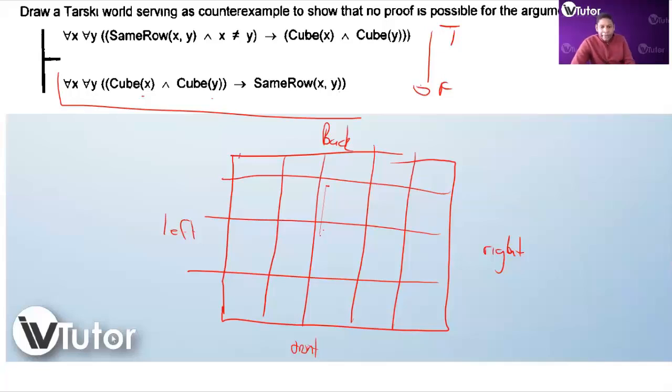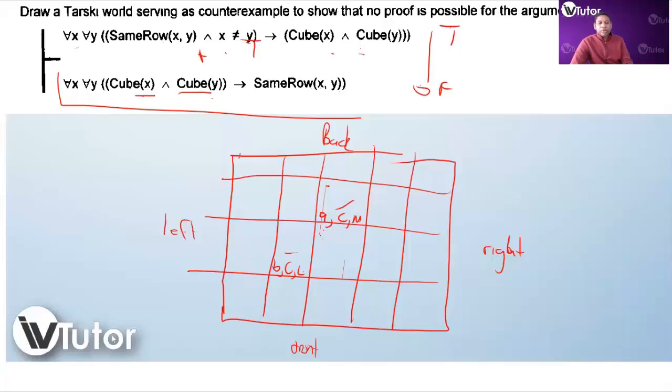If we were to have, say, an object A that is a cube and is of medium size, and an object B that is a cube and is large, does it satisfy the first condition? All objects in the same row: nothing is in the same row, so false implies anything is true. So this is true there. But then it says, find me two cubes.